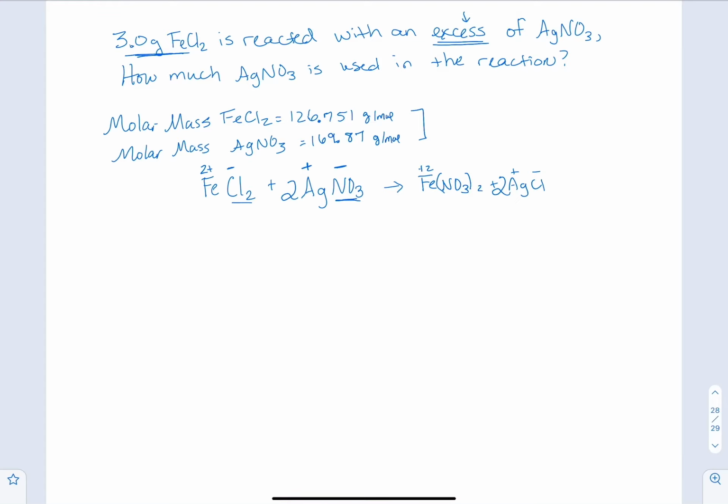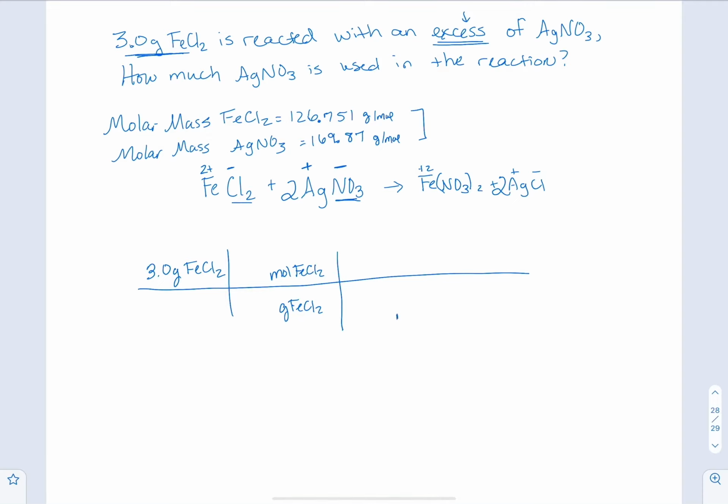All right, so what we're going to do is take 3.0 grams of FeCl2, and go from grams of FeCl2 into moles of FeCl2.